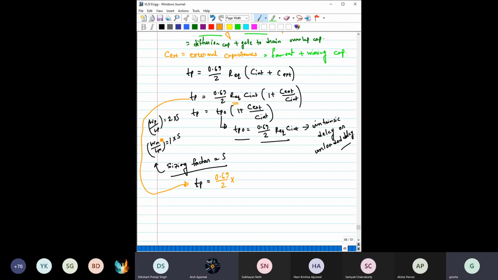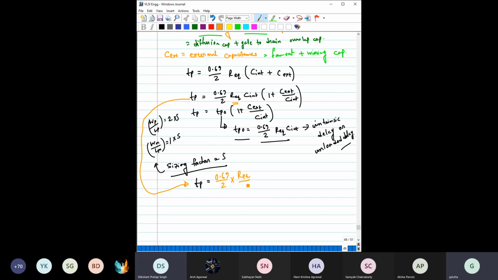So what will happen to this? It will change. So will it increase or decrease? Sir, decrease. Definitely decrease, right? You are making the transistor wider, so you have now more path for the current. So resistance is lower. So that way it would be decreased.